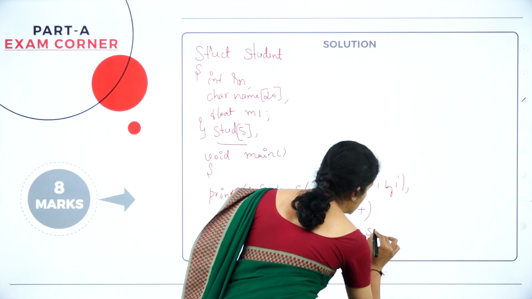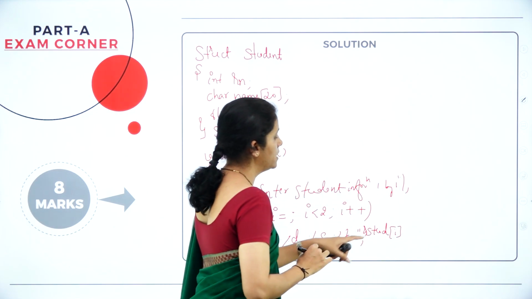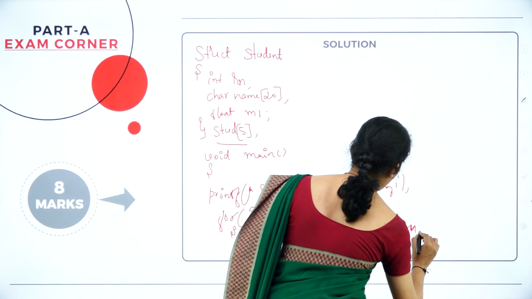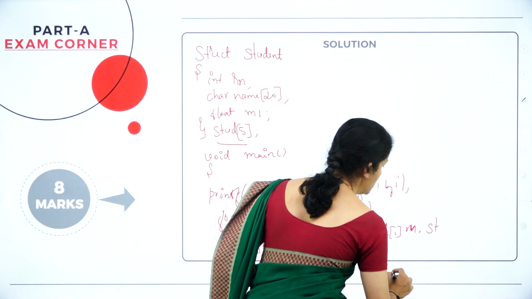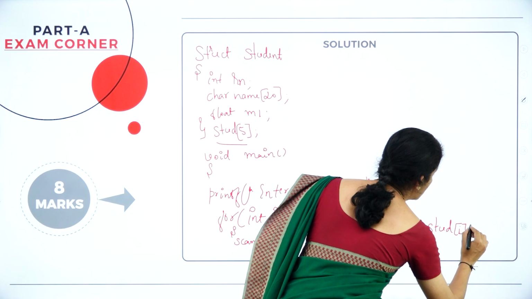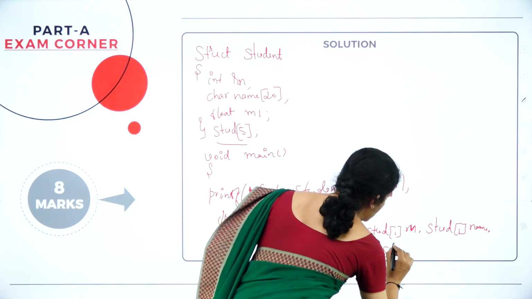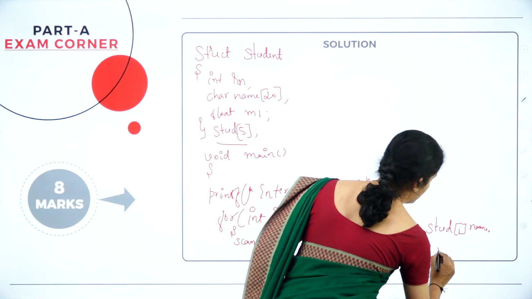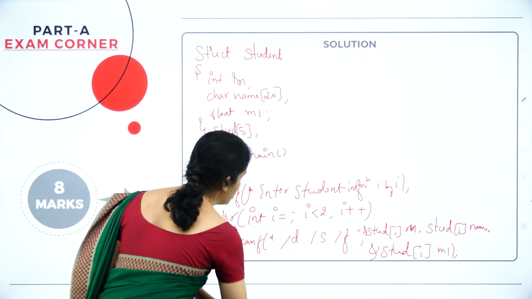So I'll write &stud[i].rn, comma. It's a group of characters, so it is a string, so there's no need to use ampersand. I'll write stud[i].name, comma, ampersand stud[i].m1. Then close the brace, semicolon, and close the bracket.